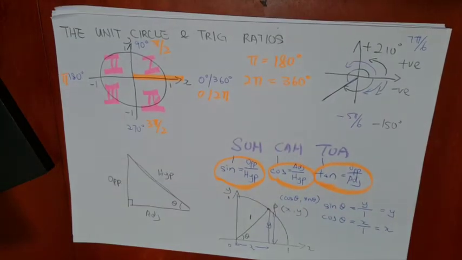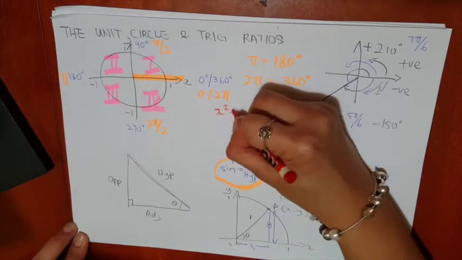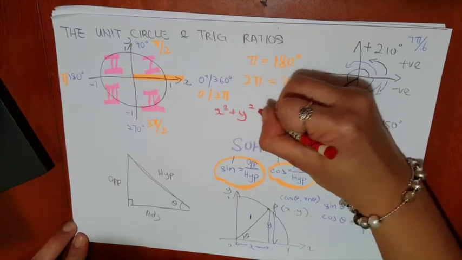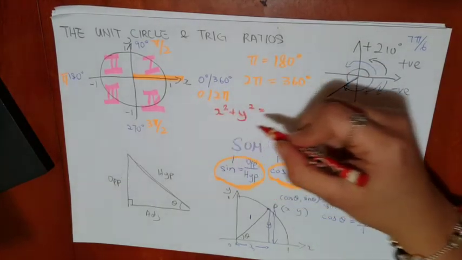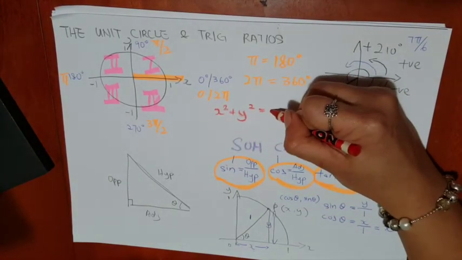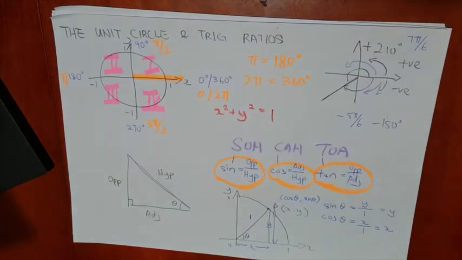From the previous chapter, we also learned that the equation of a circle is x squared plus y squared equals r squared. But in this case, because the radius is 1, we can say that x squared plus y squared is 1 squared, which is 1. So this is the equation of a unit circle.